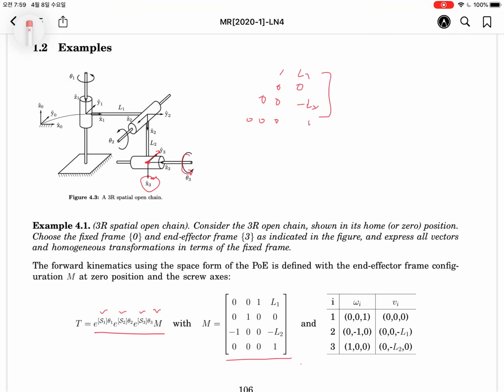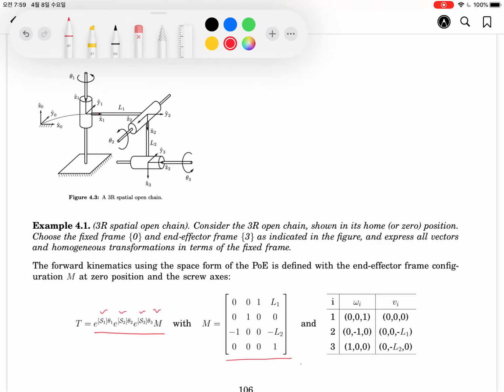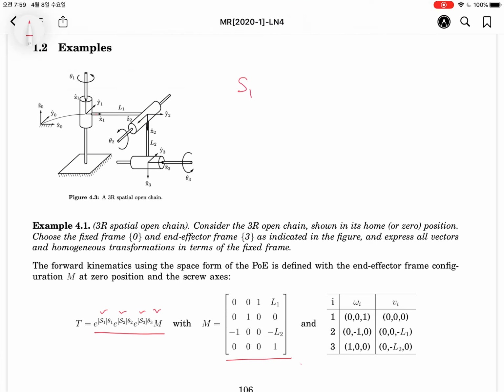One more, let's add the screw axes of this robot system. Let's obtain S1. Here the rotation axis is the z direction, so we have 0, 0, 1.